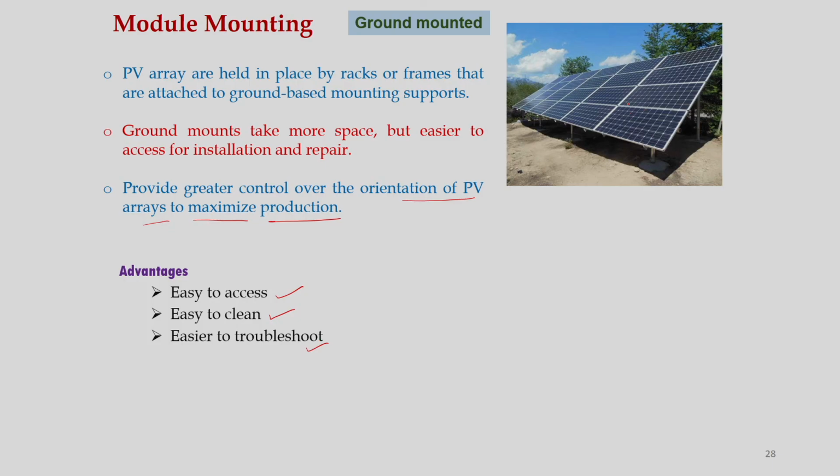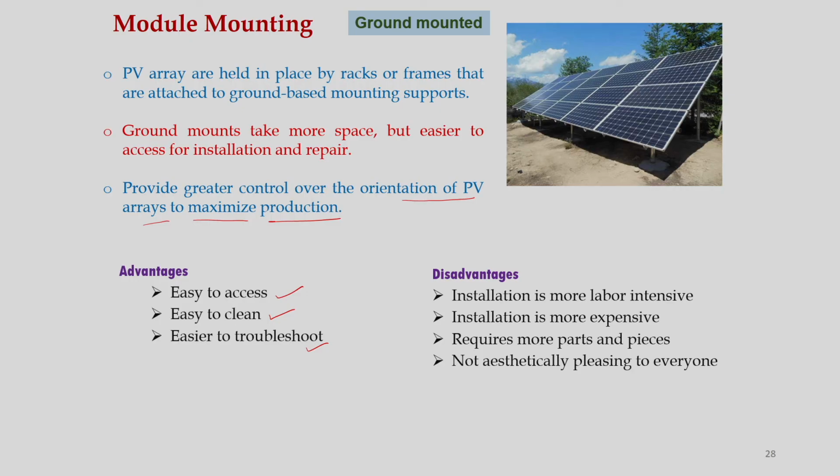So, every time you have to clean it. Okay? That is why it is very, very important to make an arrangement to clean, so that people can move around and clean it in order to maximize the conversion efficiency. For roof mounted, okay, it is sometimes difficult to clean it.